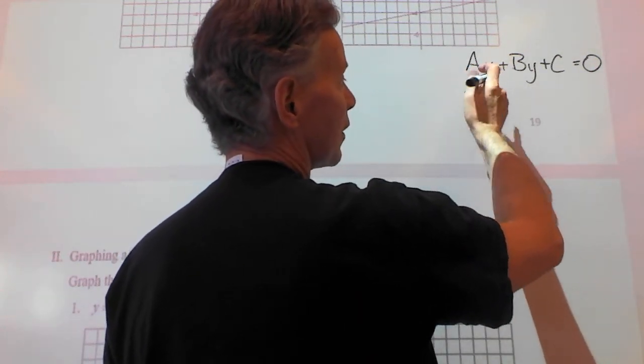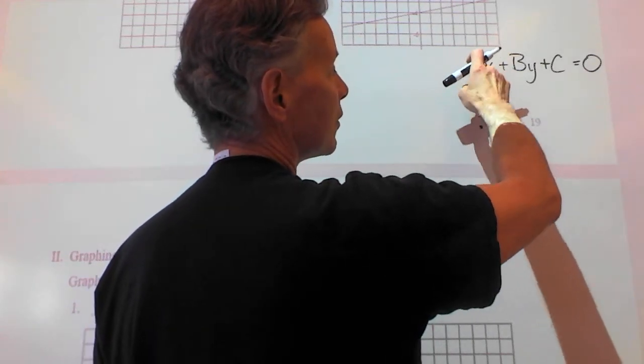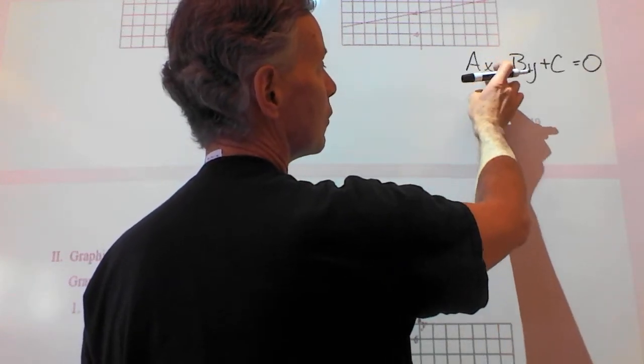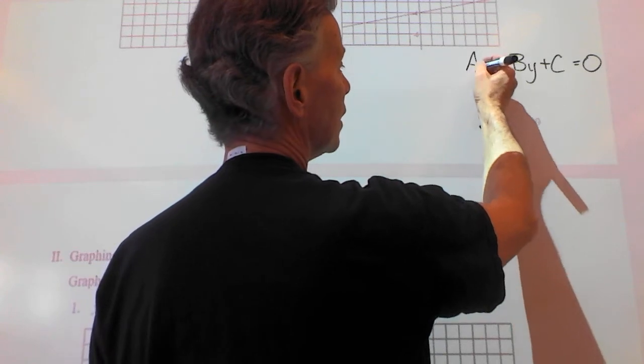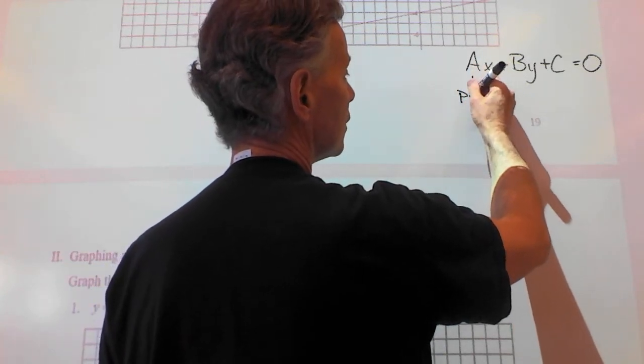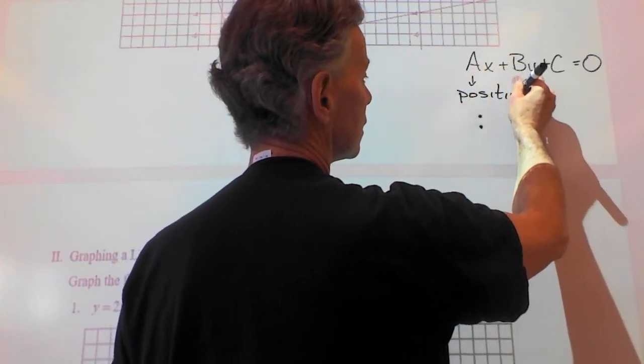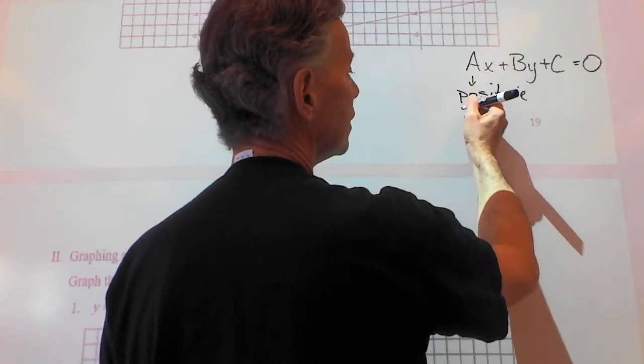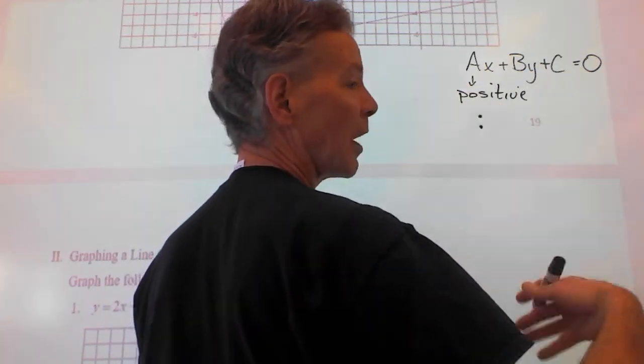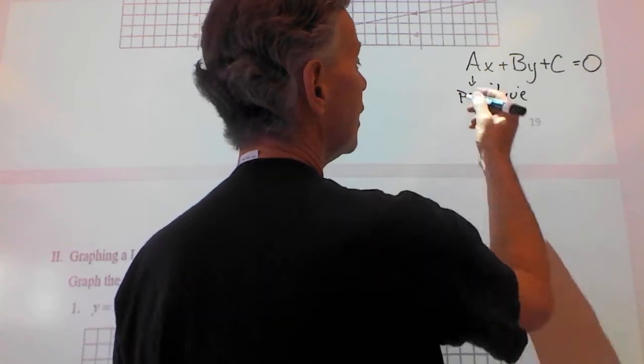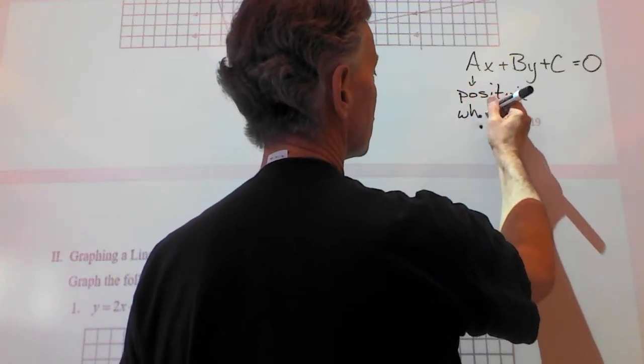Other attributes are that the first coefficient, the coefficient of x, has to be positive, and it can't be a fraction or a decimal. So in other words, it has to be a whole number.